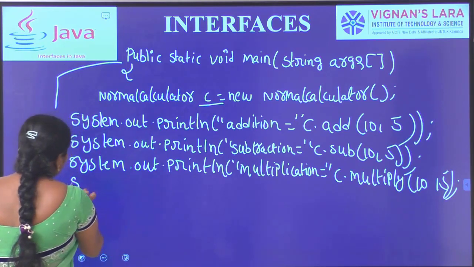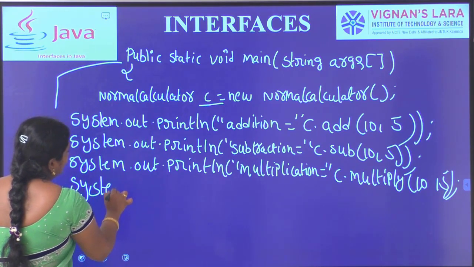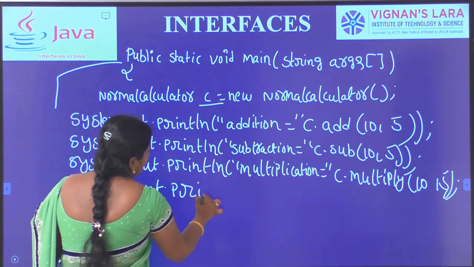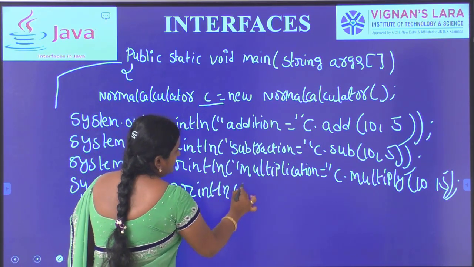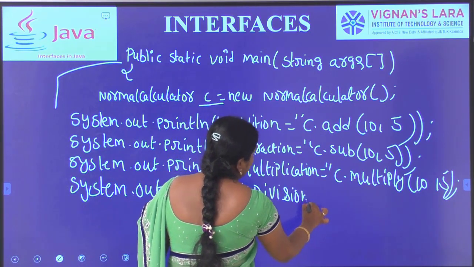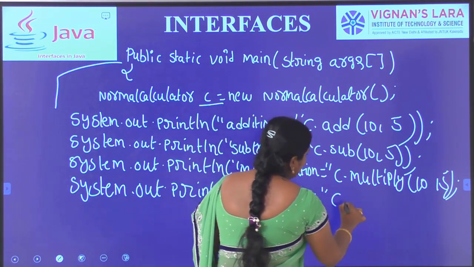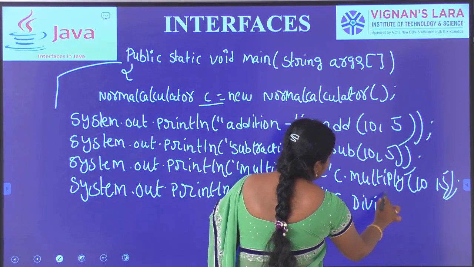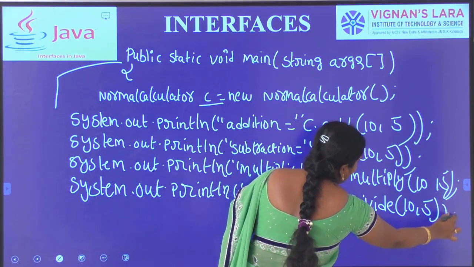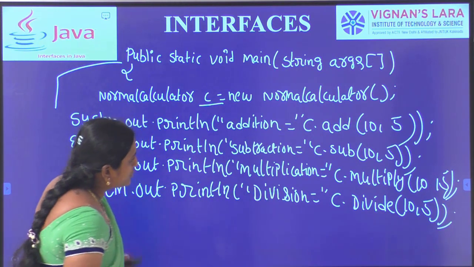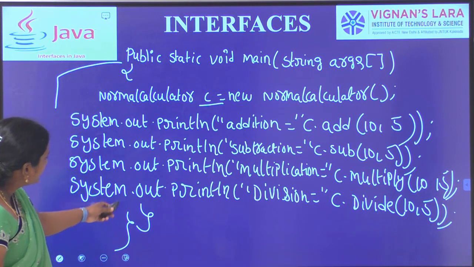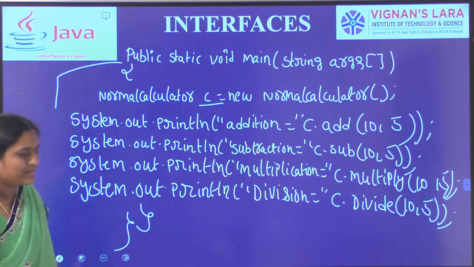Next, in a similar way, I want to print division of two numbers on the console. Division equal to c dot divide. This method has two arguments, 10, 5. With the help of the object reference, we call the add method, sub method, multiply method, and divide method. We have to close the main method body and the class body.